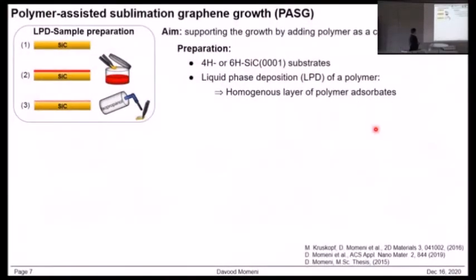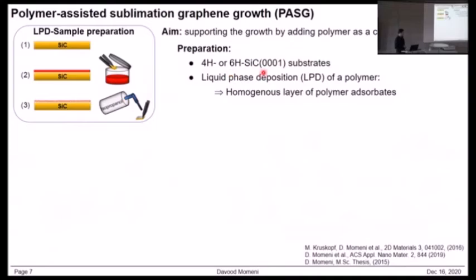At the PTB, we modified the standard sublimation growth of epitaxial graphene by adding some polymer to the samples during the preparation. This method is called polymer-assisted sublimation growth. To prepare the samples, we first dip the samples into a mixture of isopropanol, acetone and polymer, and put them in an ultrasonic bath for a while, and then we take them out and wash them off with isopropanol.